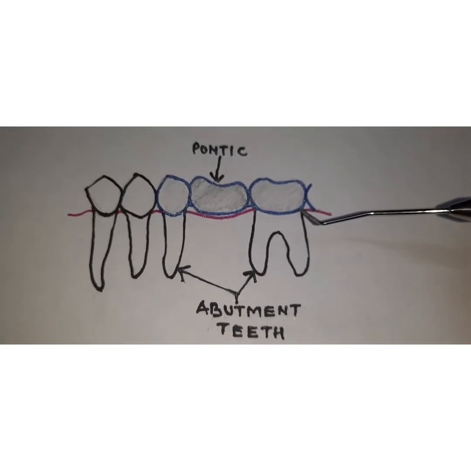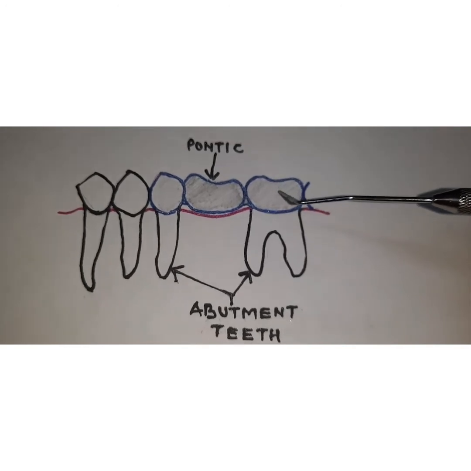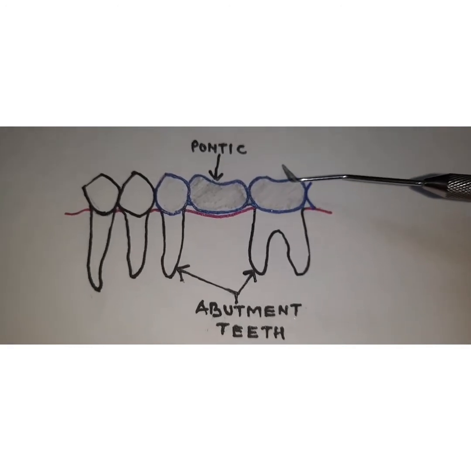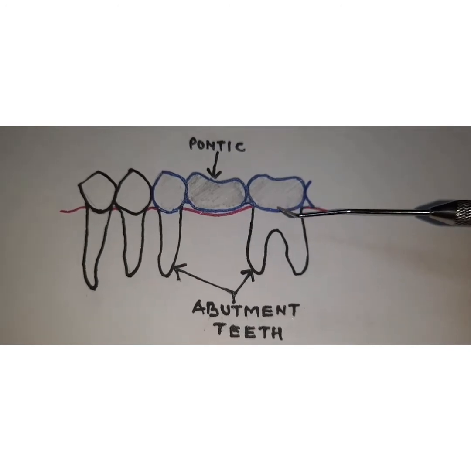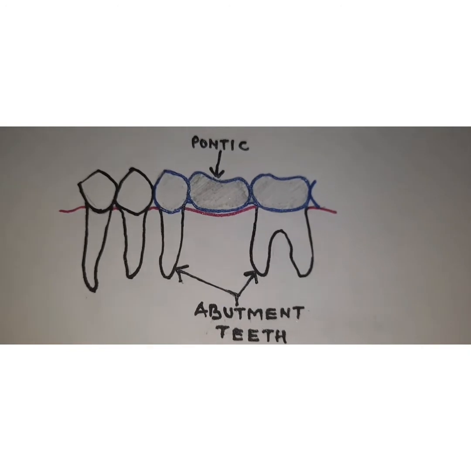So always make sure that your fixed partial denture or crown, whatever type of prosthesis you are giving, is accurately fitting the tooth structure, and there should be no compromise on this aspect.